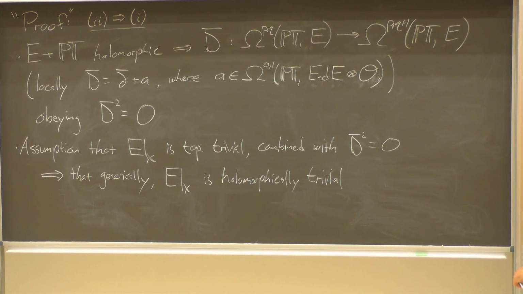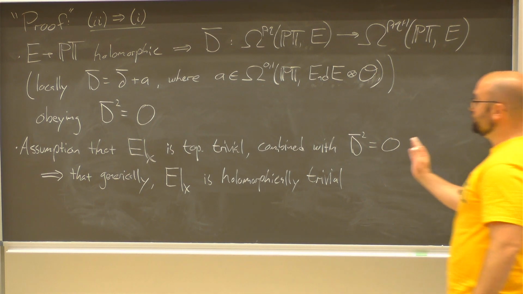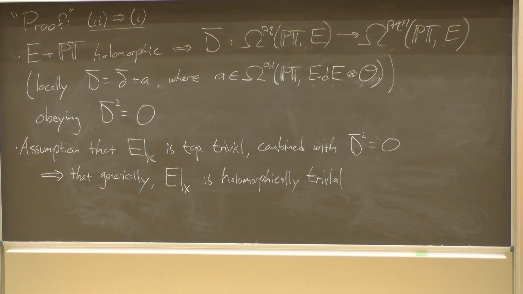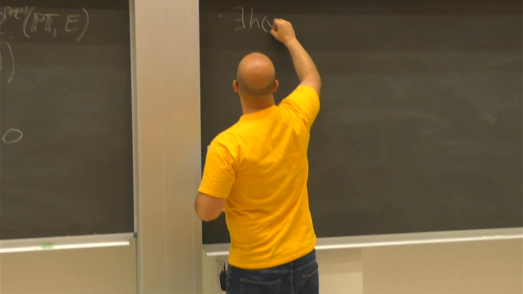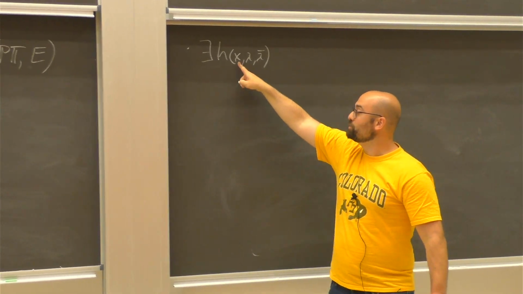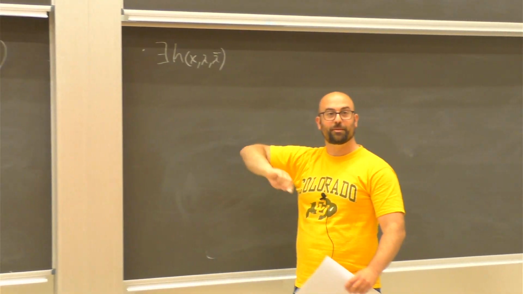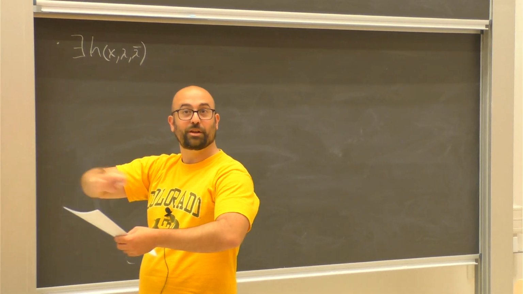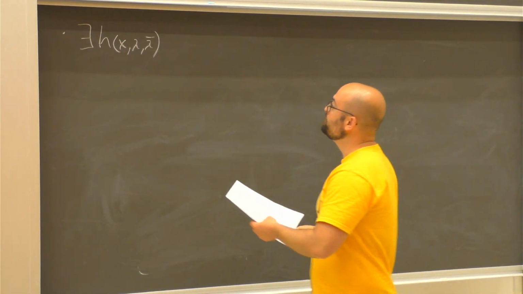We can find, if you like, a gauge transformation on this vector bundle restricted to any twistor line that makes it look flat. So that means that there should exist some H of x, lambda, and lambda bar. So remember, x labels which twistor line I'm on, and then lambda and lambda bar are like the homogeneous coordinates along that twistor line, just if you like by using the incidence relations.